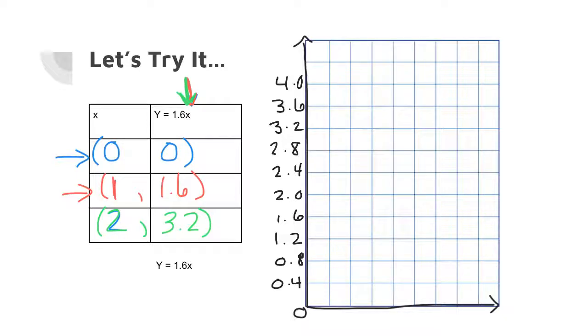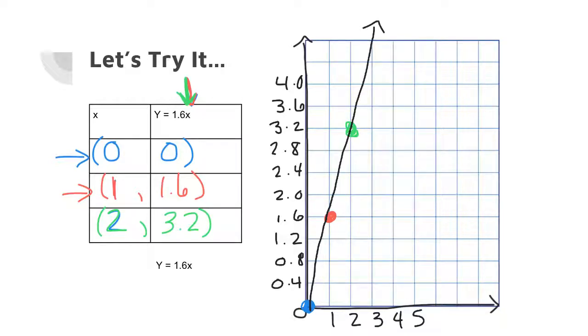And then going across the bottom, I can just do 1, 2, 3, 4, 5. Okay. Blue dot is at 0, 0, right there. Red dot is over 1, up 1.6. And my green dot is over 2, up 3.2. All right. I'm going to go ahead and connect my line.